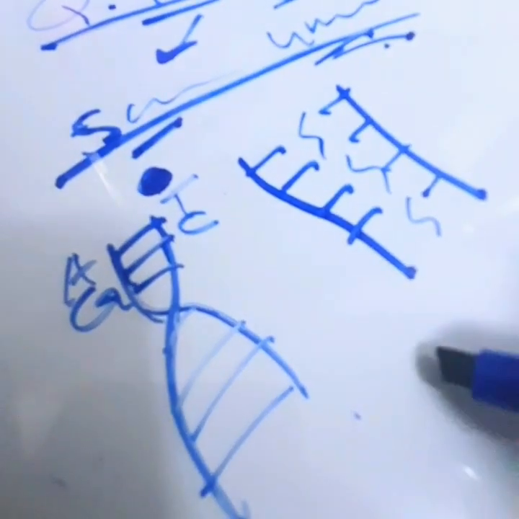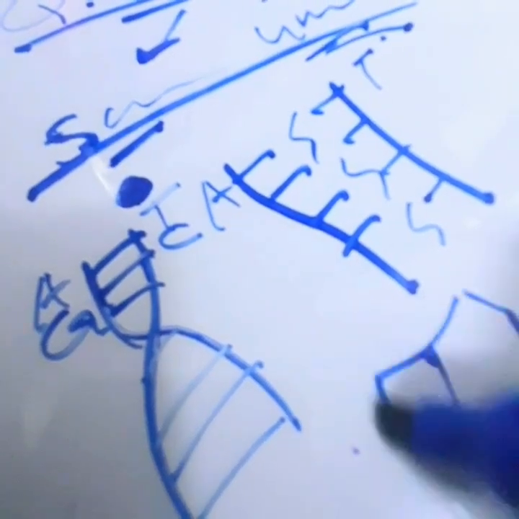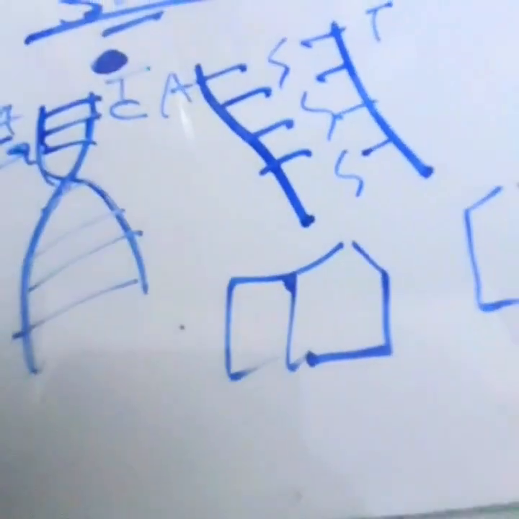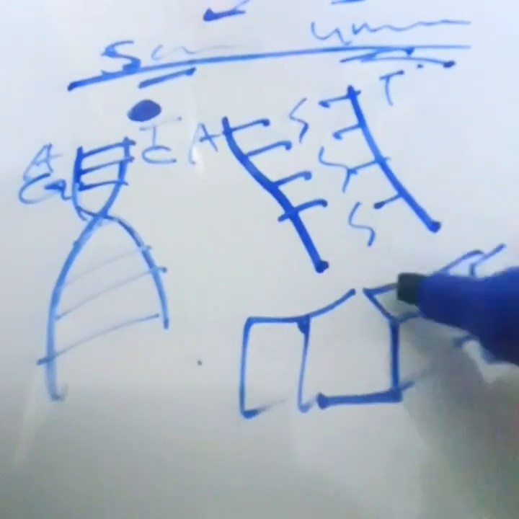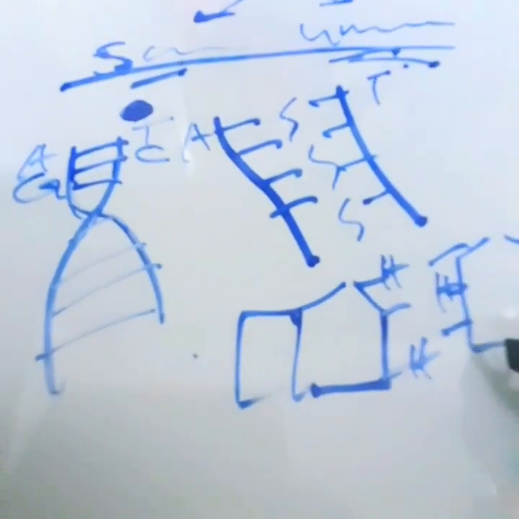Anyways, okay, if we take the example of adenine and thymine, if we zoomed in, we have a hydrogen bond, we have a hydrogen atom on one side.